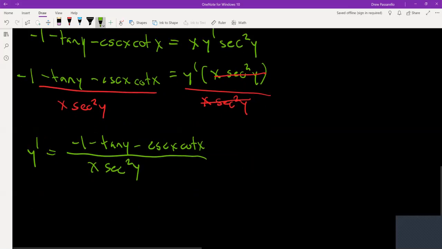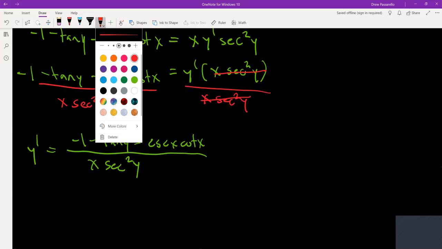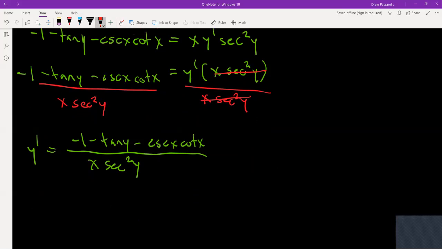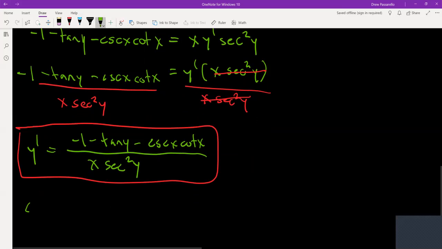Now, that's pretty much it. That's the answer for that. And you could factor out a negative 1 if you want, since all three terms from the top have a negative. It's just going to be the same thing. If you want to write it like this, you can write negative 1, then parentheses 1 plus tangent y plus cosecant x cotangent x over x secant squared y.